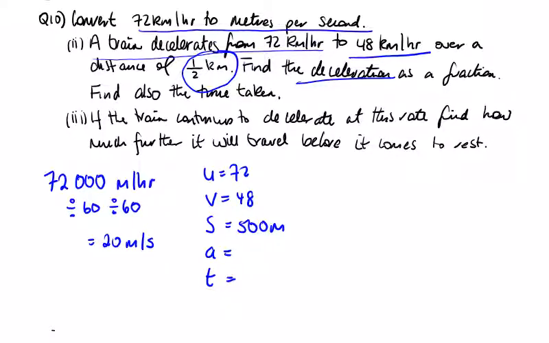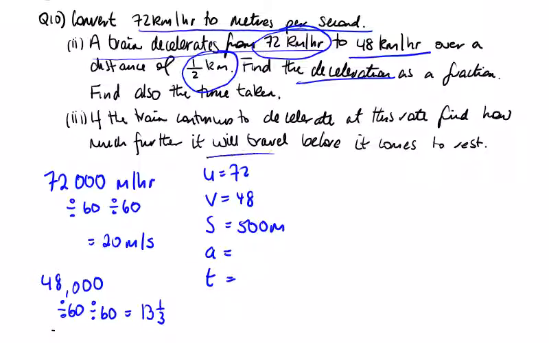Now I presume they're asking us, because they've asked us 72 here, they want us to convert 48,000 as well, divided by 60, divided by 60, 48,000 over 3600. It's going to give me 13 and a third.